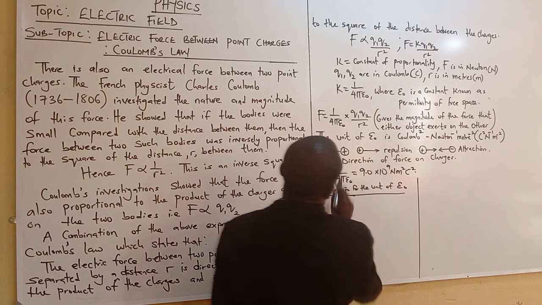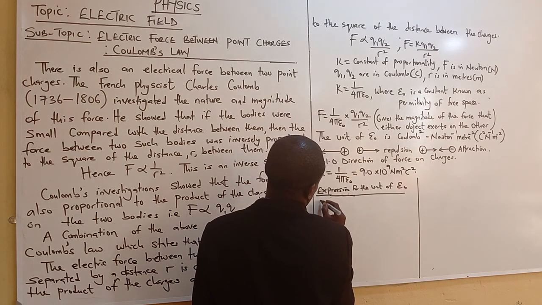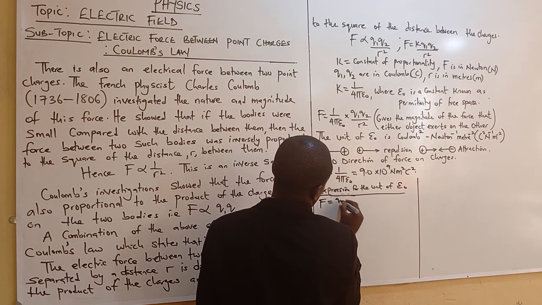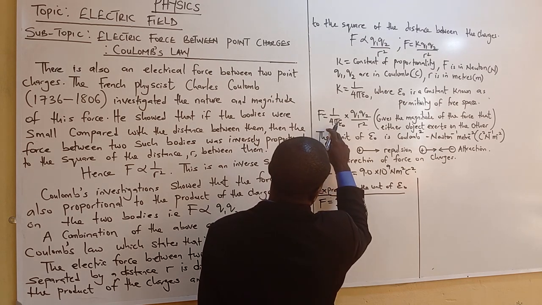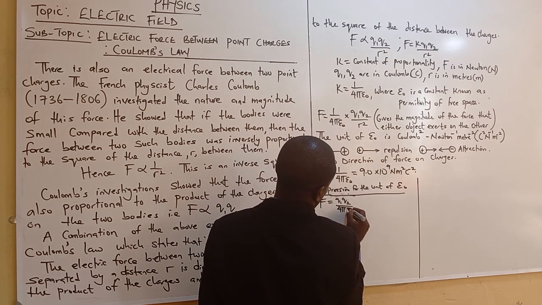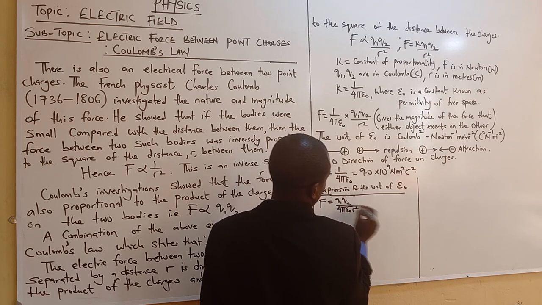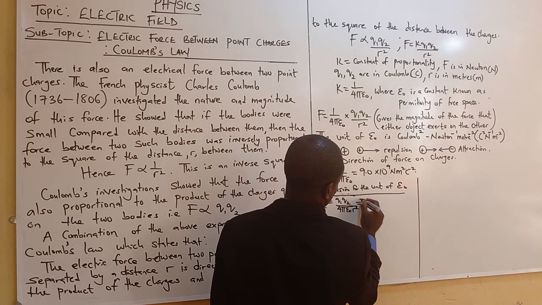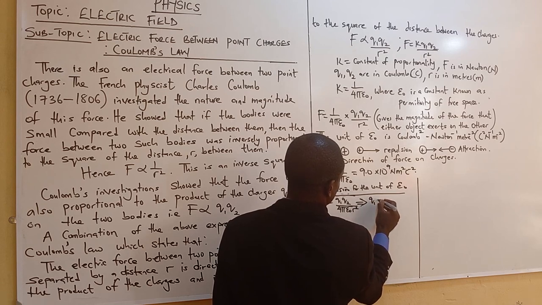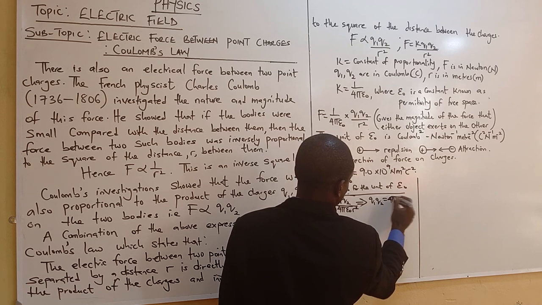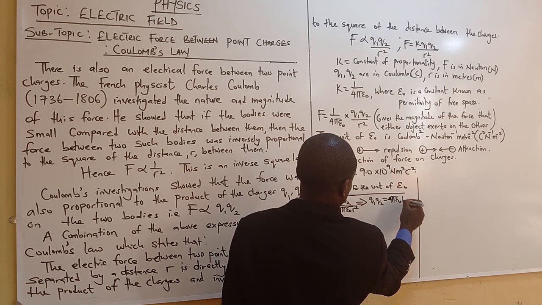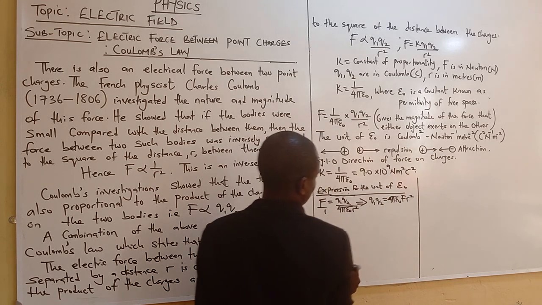You have F equals Q1 Q2 over 4 pi epsilon naught r squared, where 4 pi is a constant. You cross multiply. When you cross multiply, you have Q1 Q2 equals 4 pi epsilon naught F r squared.